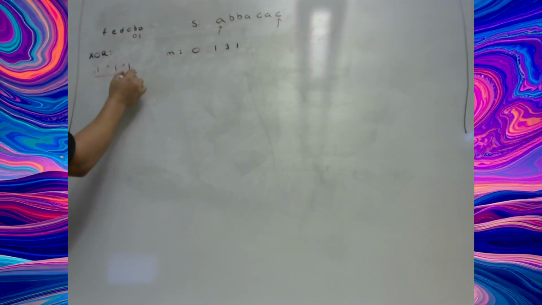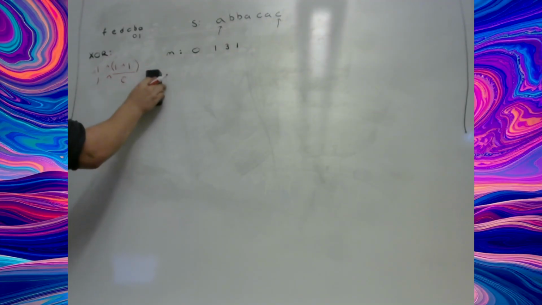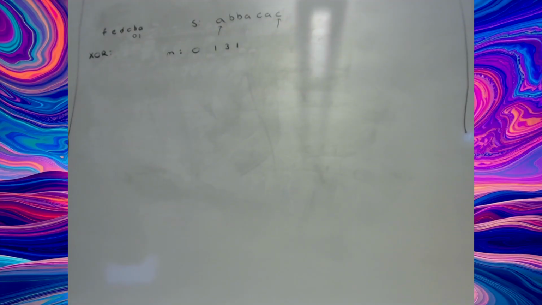If I were to do it, just read it down left, right, 1 XOR 1 is 0, XOR 1 is 1. Now, if I were to do it like this, we're going to have 0, 1, 1. So this isn't a rigorous proof by any means, but that's an example of XOR's associativity property. So that's a check there on associativity.